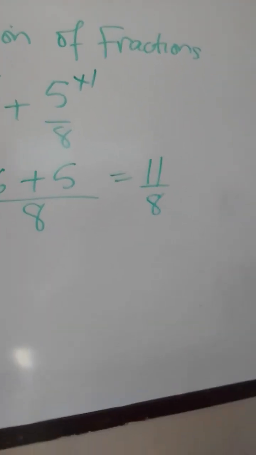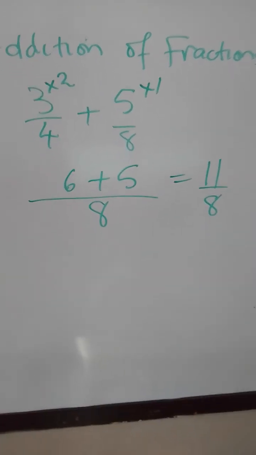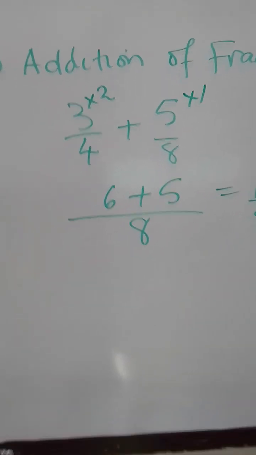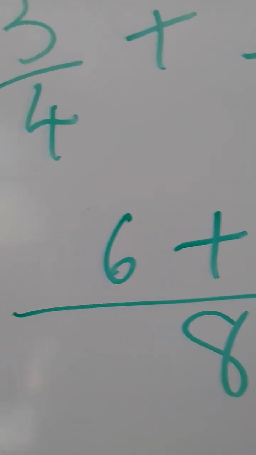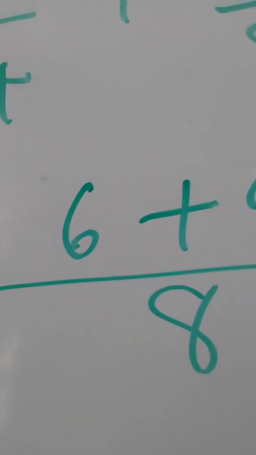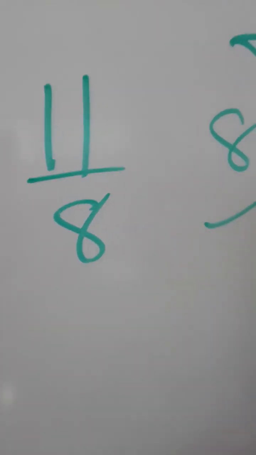But I'm not finished there. 11 over 8, I'm not finished because I now have to do what? Divide 11 by 8. So I go over here and I'm now dividing 11 by 8. How many times can I get 8 out of 11? Once. And 8 times 1 is 8.